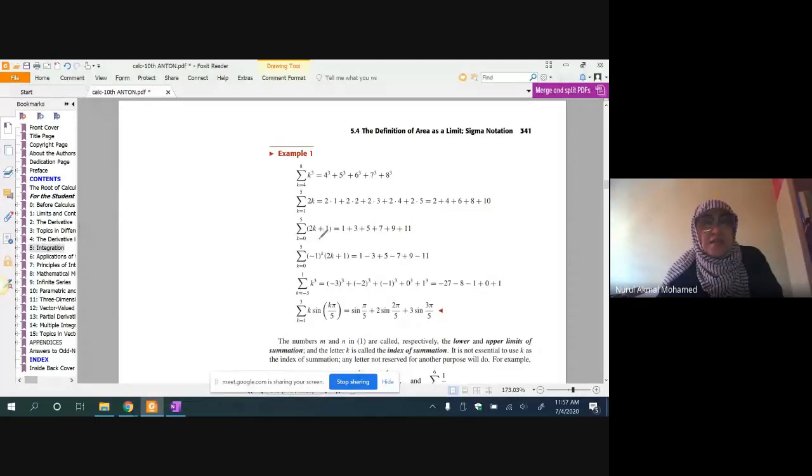If it is 3, then it will be 7, and so on, up to when k equals 5, which will be 11. And then you sum up all the values. So this is how you define a sigma. Sigma notation means that you sum up from the starting point up to the end point of the variable k.